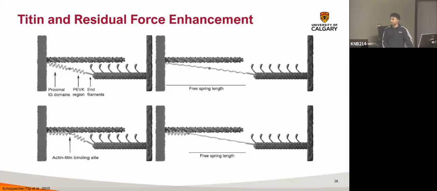For me, the reason not to look at the cross bridges themselves is that you do get passive force enhancement once you deactivate a residual force enhanced muscle. So you'll still have a little bit higher force for a little while. That means the cross bridges are completely out of the equation and we still have a little bit higher force. So it's probably not the cross bridges.